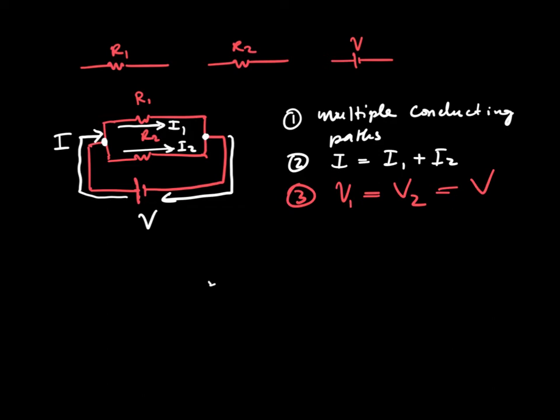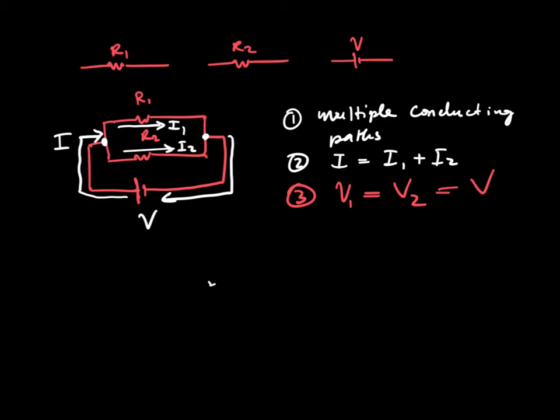Consequently, for a parallel circuit, the voltage is the same. The voltage for each resistor is equal to the voltage across the source.